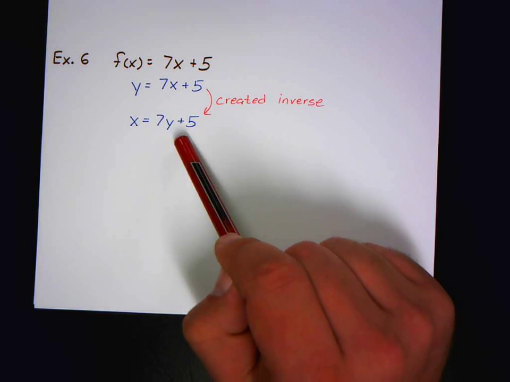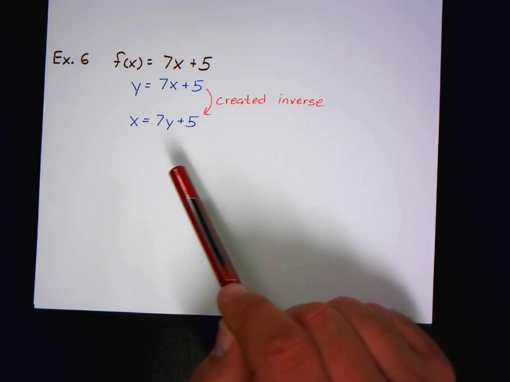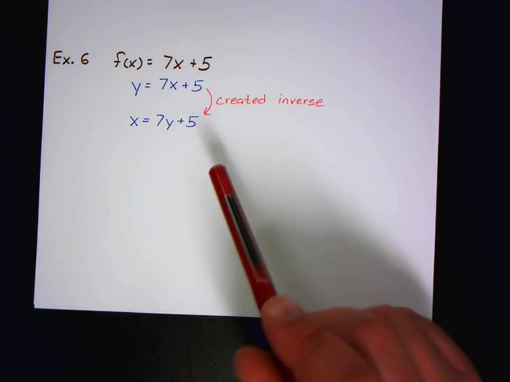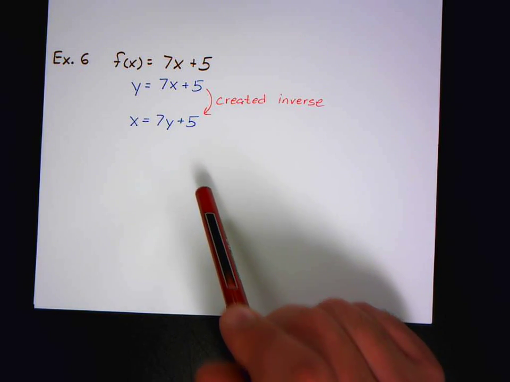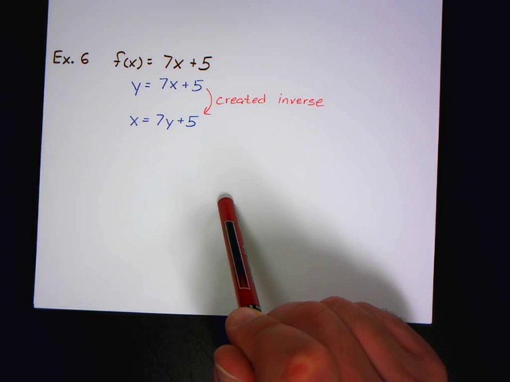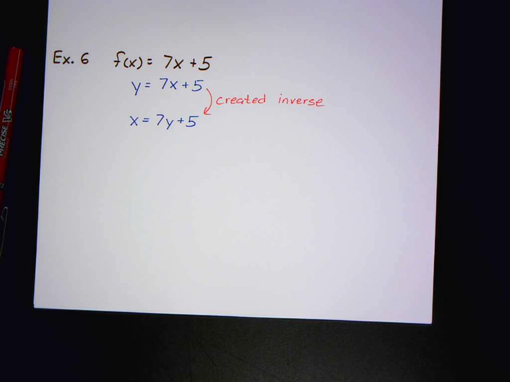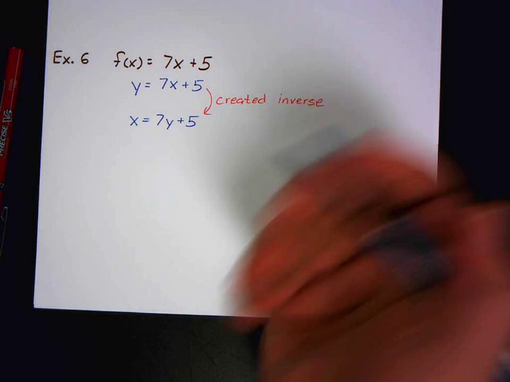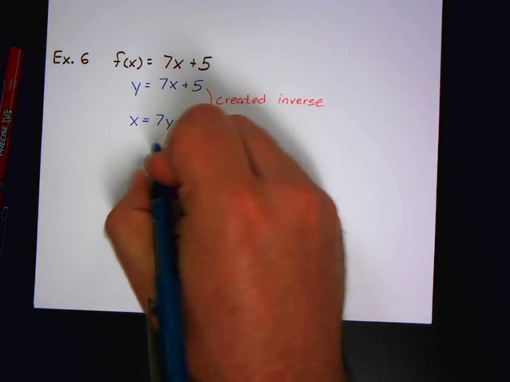Now, what you need to do in order to finish this is you need to get it back into function notation. In order to get it back into function notation, you need to solve for y again. So the first step, creating the inverse, is easy. The work comes in getting the y back by itself. Now, this one's easy.